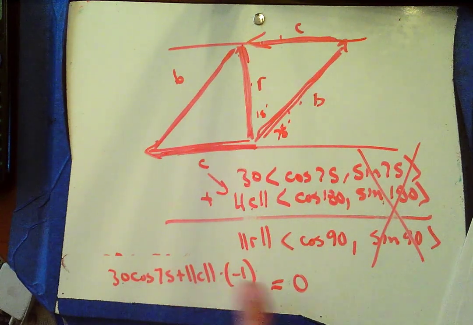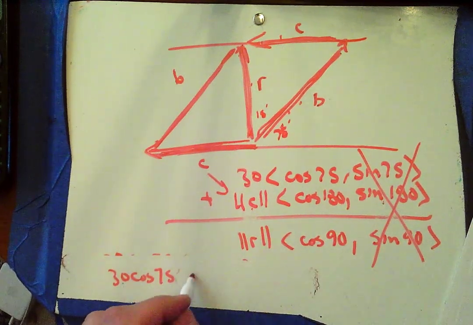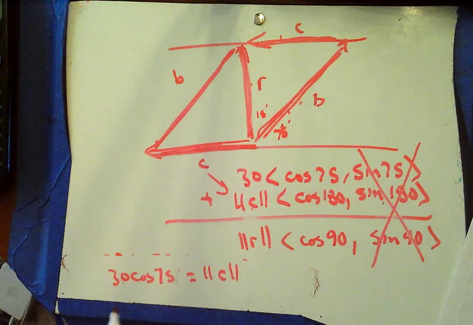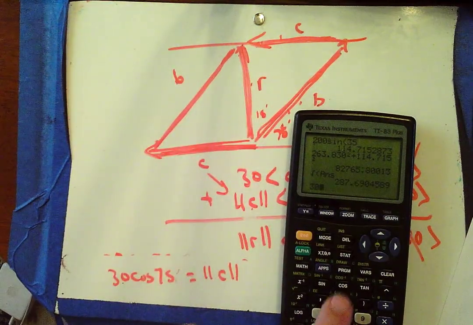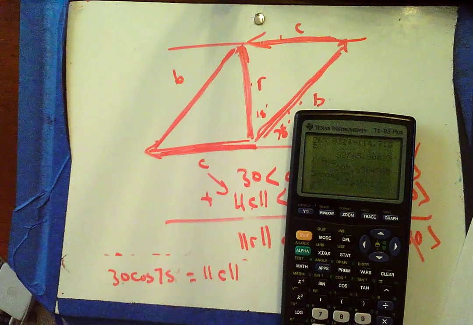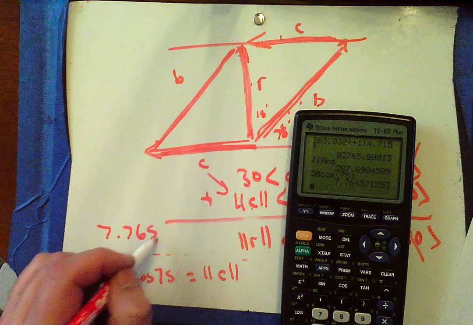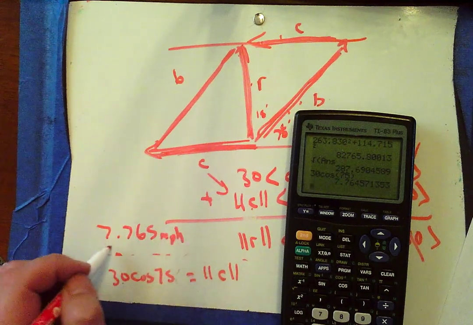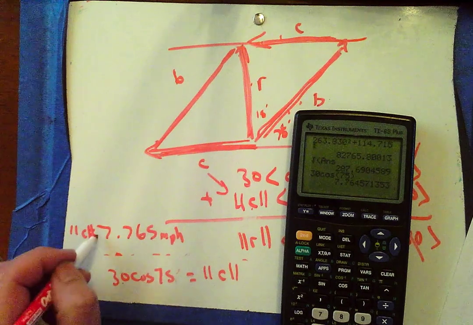So I'll add the magnitude of c to both sides, and that gives me magnitude of c equals 30 cosine 75. 30 cosine 75 equals 7.765 miles per hour is the magnitude of the current.